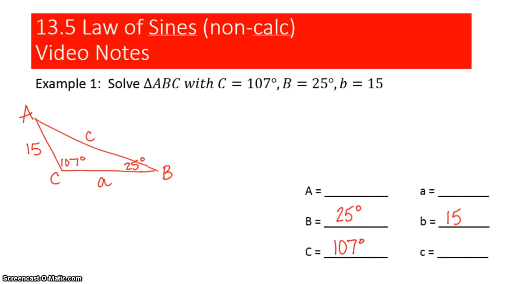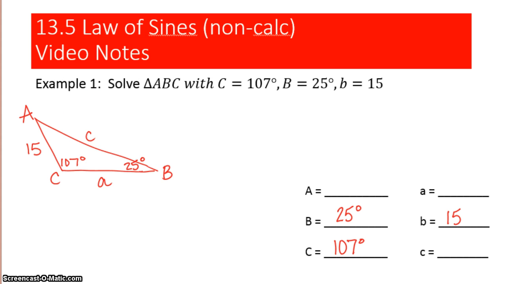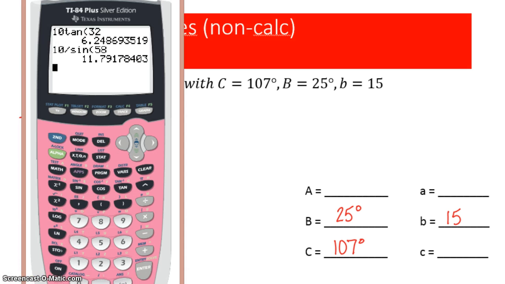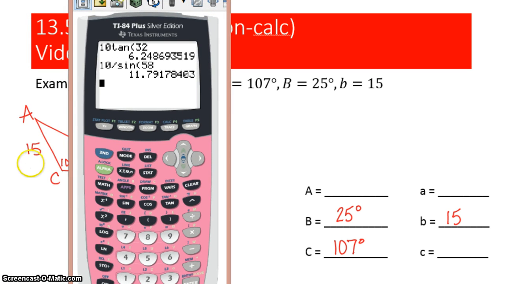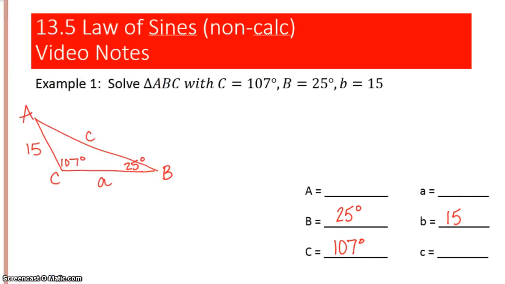So we can do in our calculator 180 minus 107 minus 25, which gives us 48 degrees. Okay, so angle A is 48 degrees.